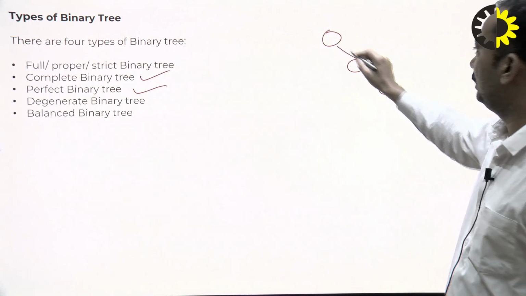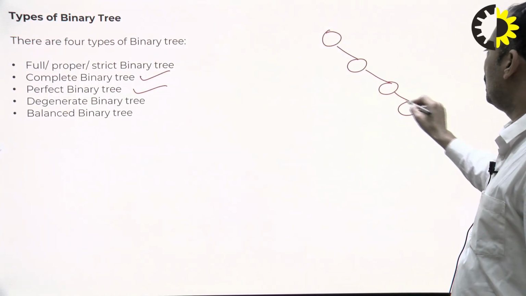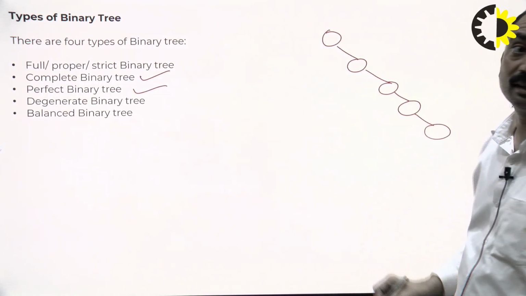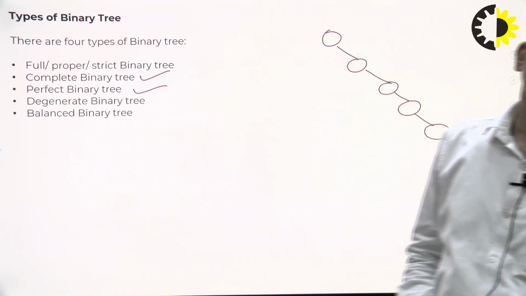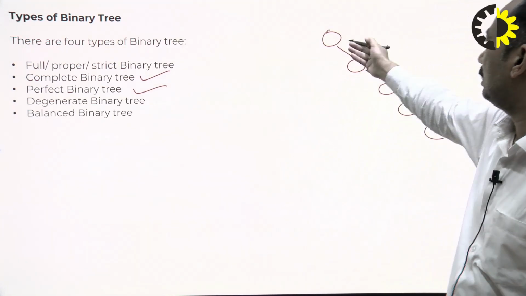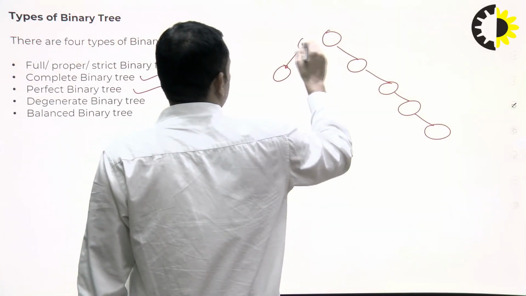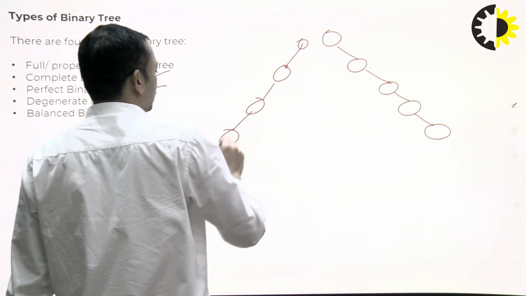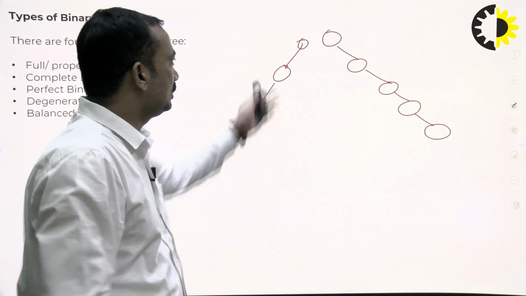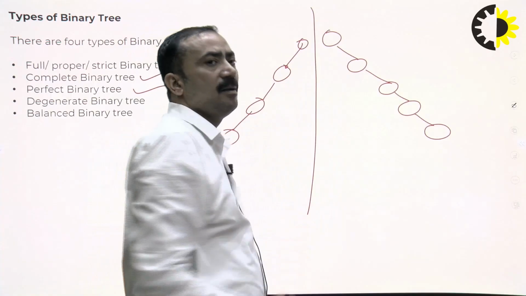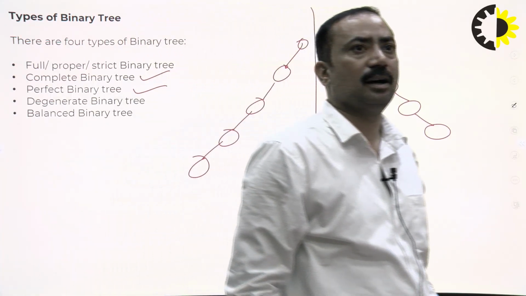This is having only one child, one child, one child. So this is called a degenerated binary tree. These two are examples of different degenerated binary trees.